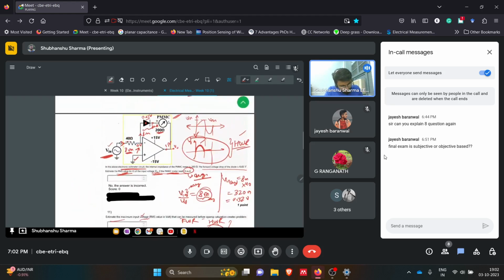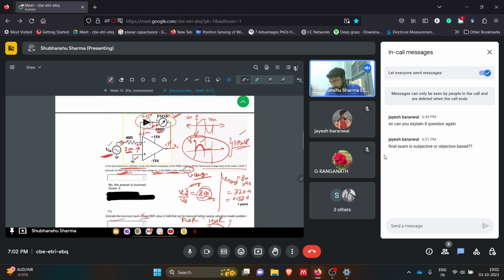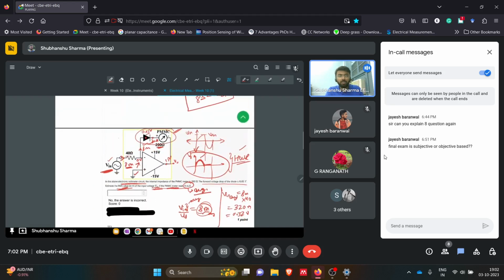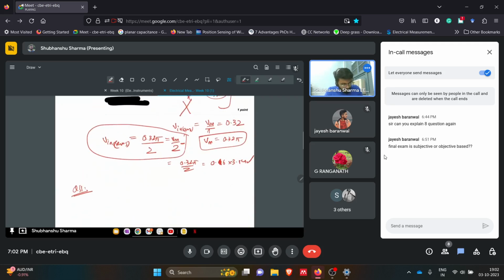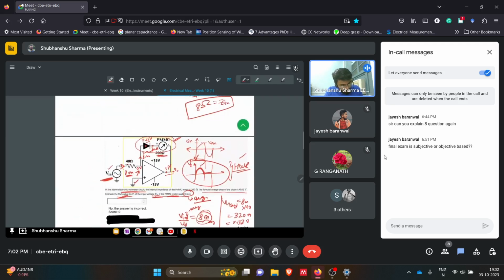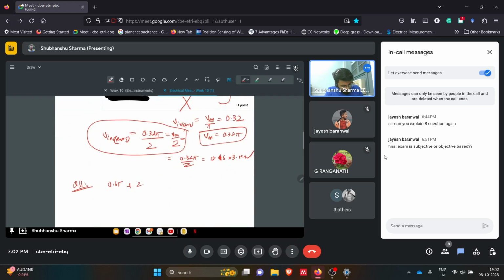So we know for this branch, we don't know the current when the output is in saturation. We'll first calculate that current. So 0.65 volts is the voltage drop across the diode in forward region. Then we have 200 ohms, the internal resistance of the PMMC meter.